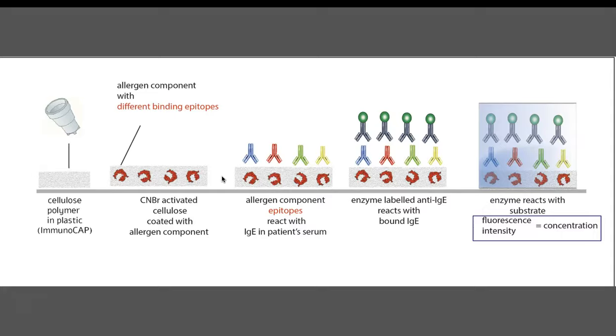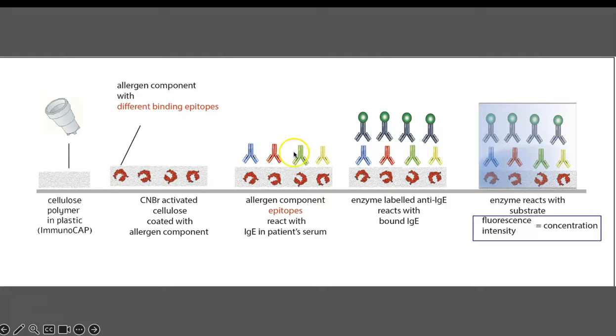CNBR is cyanogen bromide activated cellulose coated with allergen component. These allergen component epitopes will react with IgE in patient serum.